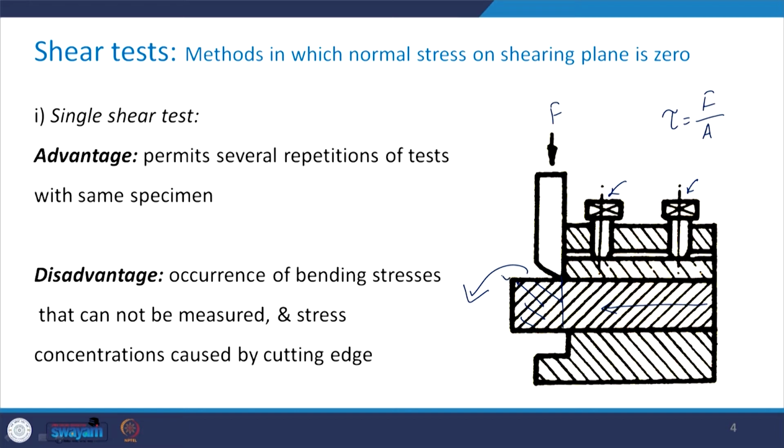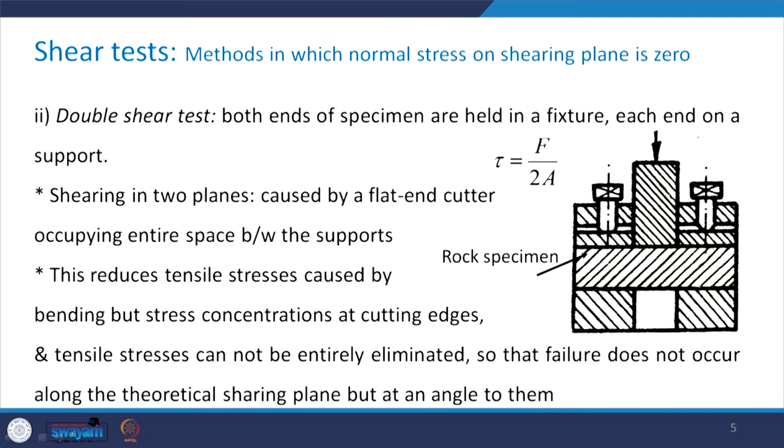Because this end is protruding, there are going to be bending stresses which cannot be measured, and there is going to be high stress concentration caused by this cutting edge in the specimen, which we do not want, because the moment such things happen, we are not going to get the actual shear strength characteristic of this rock, which is not desirable. Then comes the double shear test.